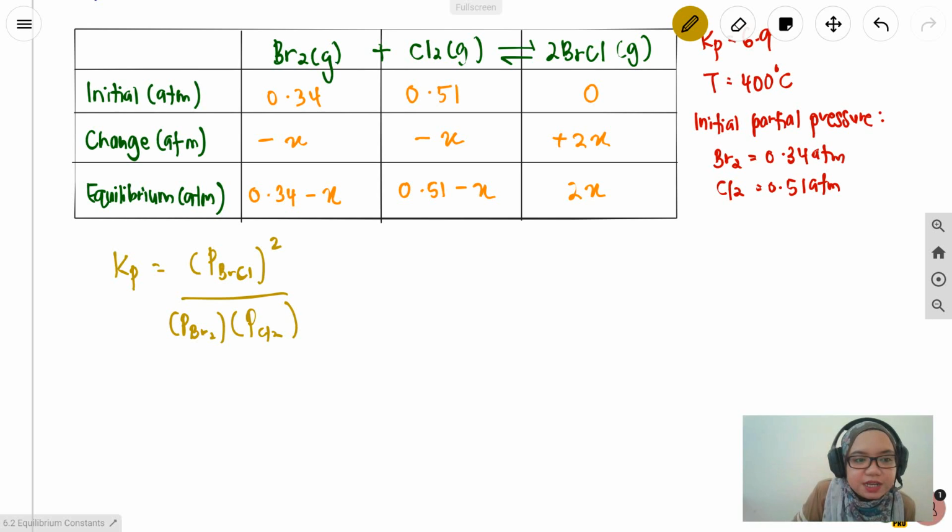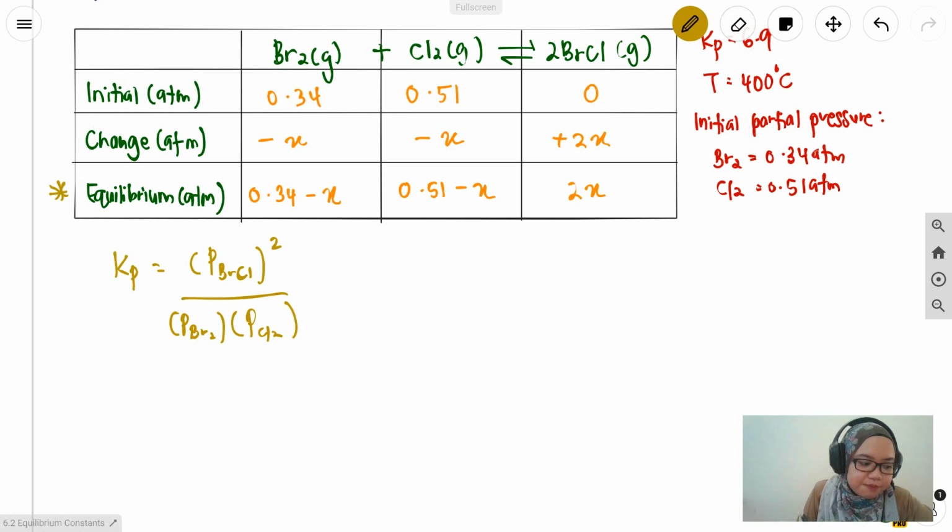And what we need to focus on is here at equilibrium. At equilibrium, you need to know the equilibrium state because we need to find the partial pressure at equilibrium. So, we substitute this value inside this formula.